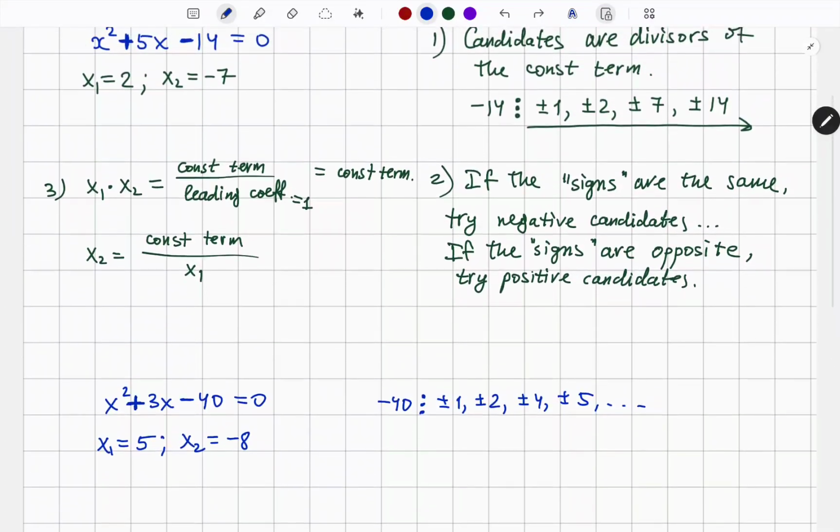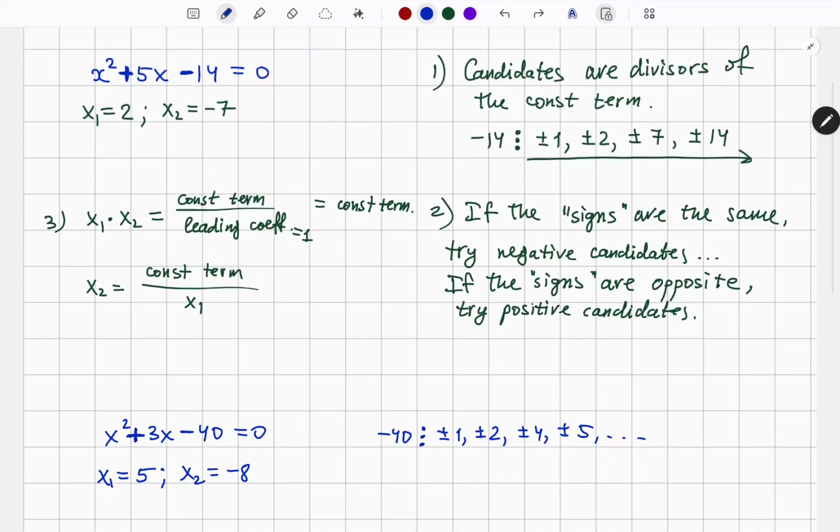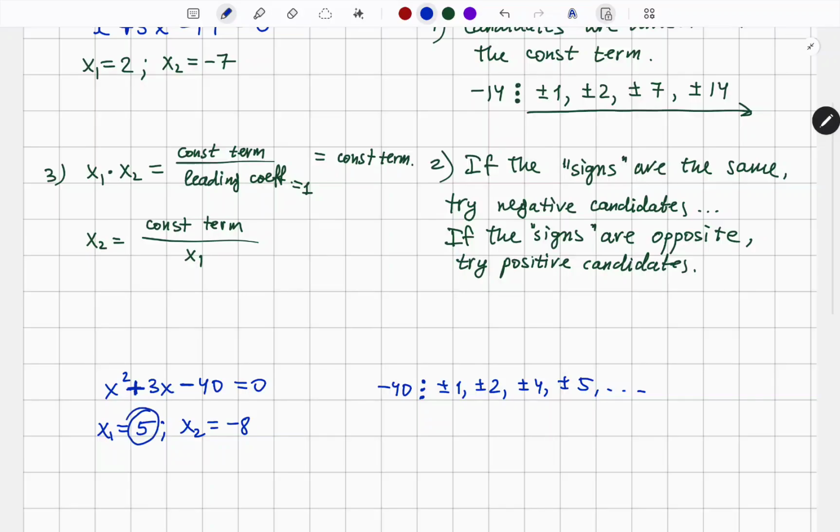So you can ask me, or ask yourself, the significance of the second rule. It is genius because if you follow rule number 2, it guarantees that the first root you guess is smaller by its absolute value than the second root by its absolute value.